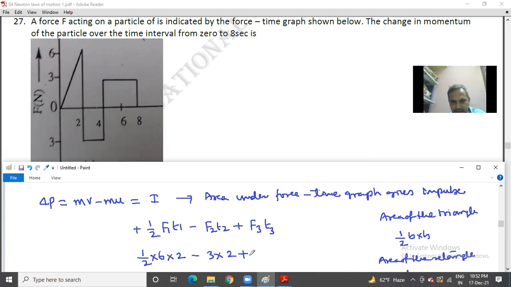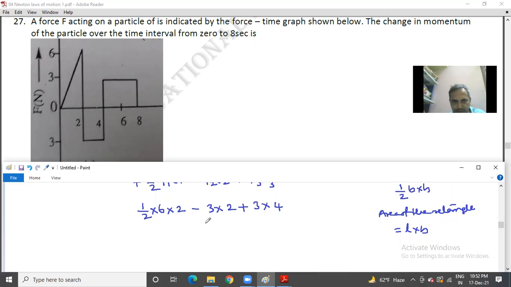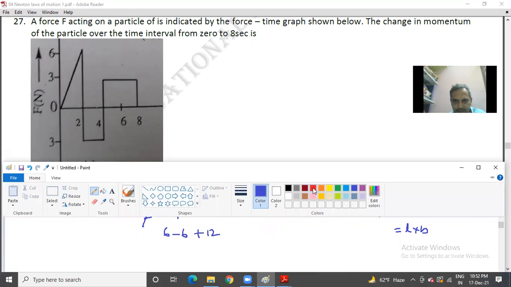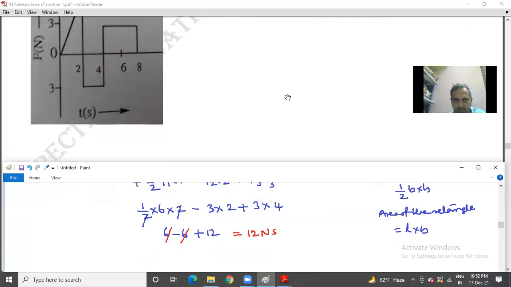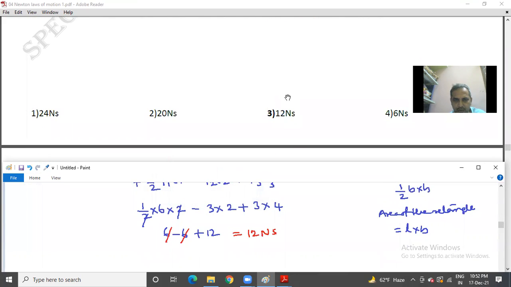F3 is acting again 3 newtons. This is acting for a time interval of 4 to 8, means the gap is 4 seconds. So therefore, you can cancel this 2 and 2. So this will be 6 minus 6 plus 12. So the final answer is 12 newton second. So therefore, the third option is correct.